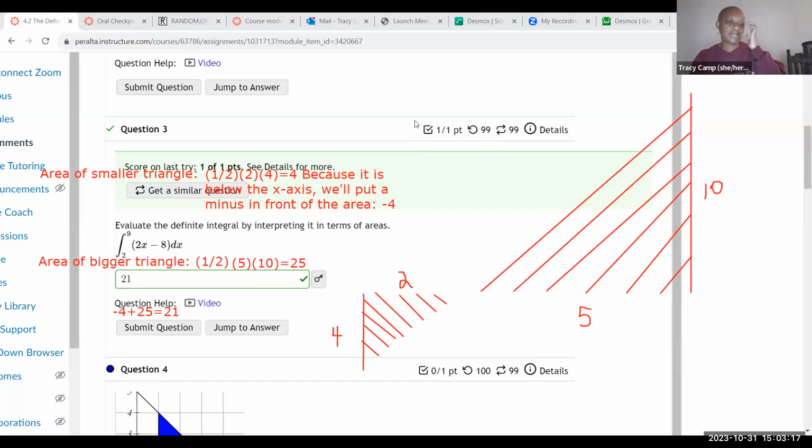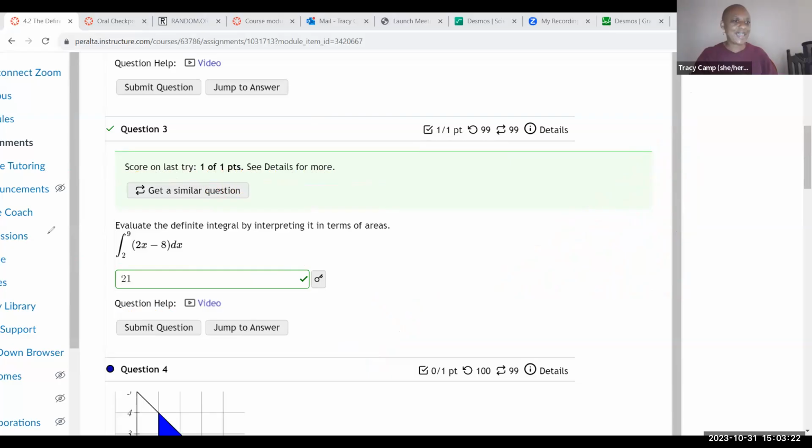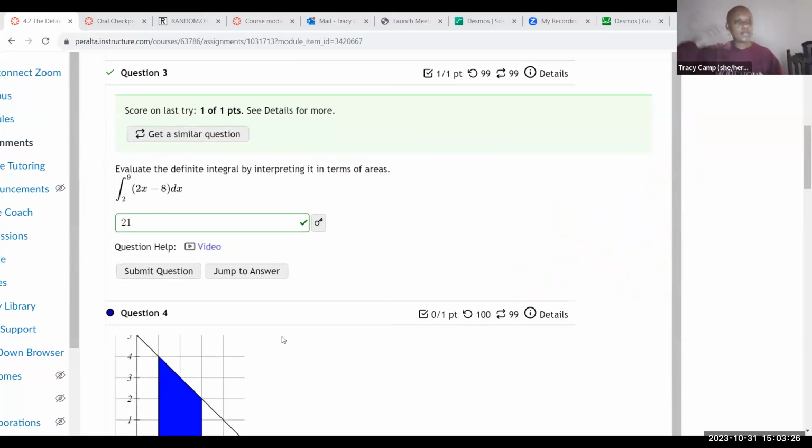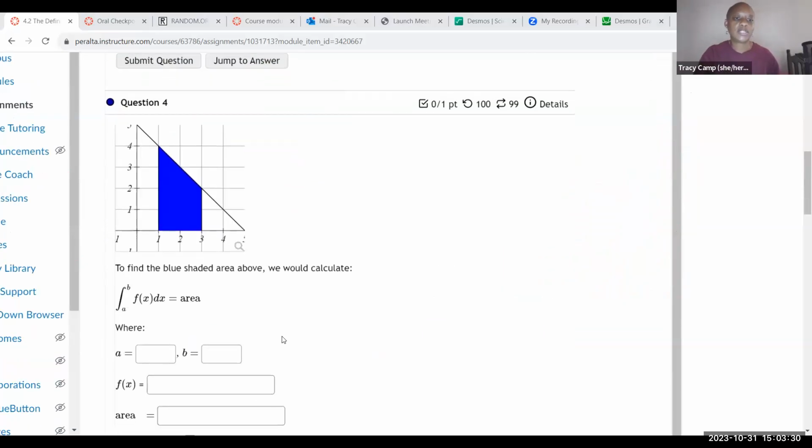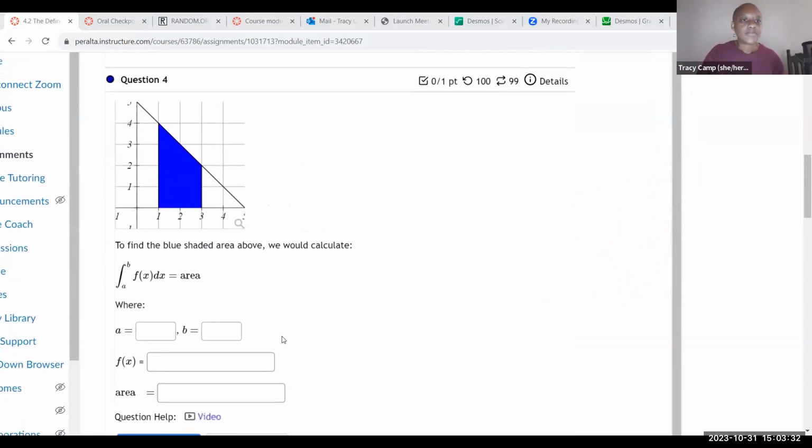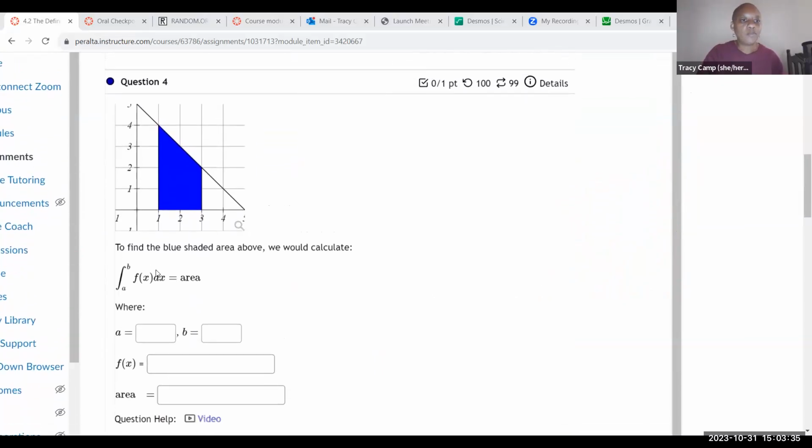This section is about finding areas, which is kind of what 4.0 is. It's just that here it's using this new notation, the definite integral notation. So problem number 4 wants you to say, okay, what's your A, what's your B?